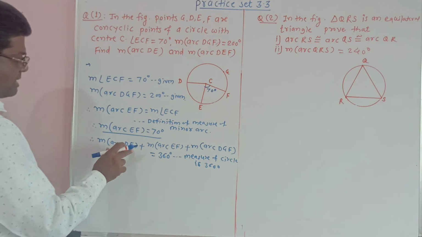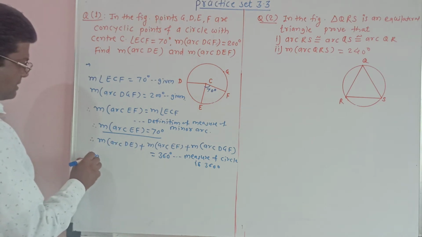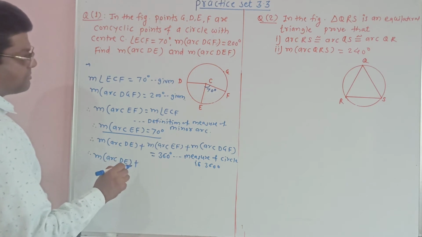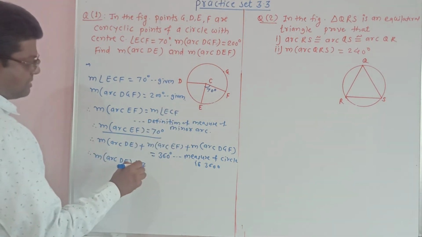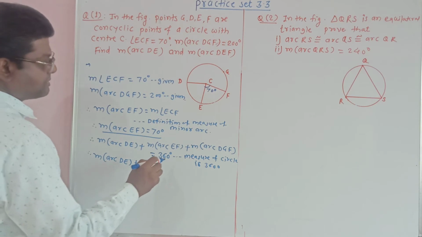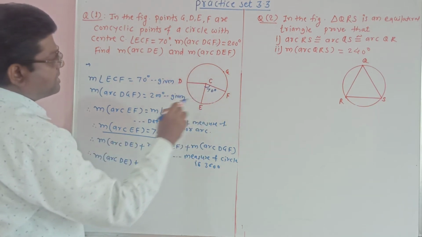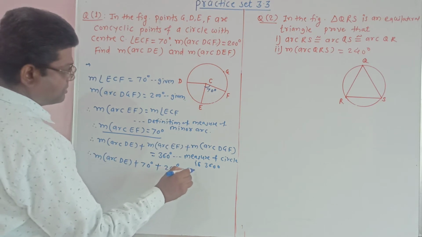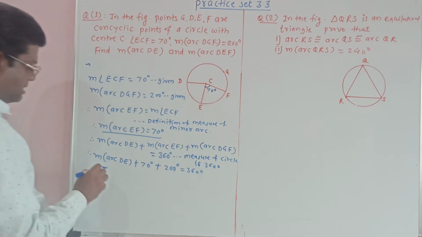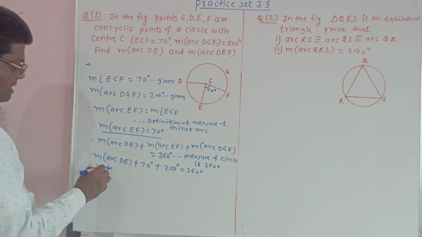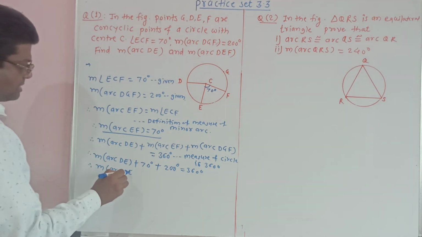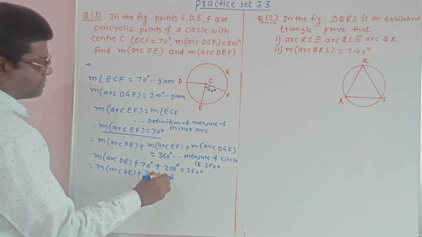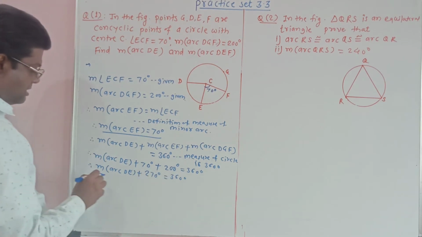Now we have to find measure of arc D. Measure of arc D plus measure of arc EF is 70 degree plus measure of arc DGF we have given 200 degree is equal to 360 degree. Therefore, measure of arc D plus 270 degree is equal to 360 degree.